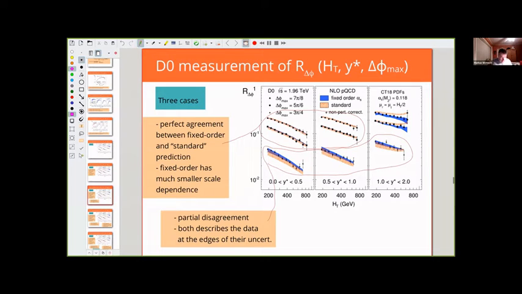The standard method here has already a significantly larger scale dependence. Now the fixed order method is, I would say, in partial disagreement, all right? The central values are kind of away from each other, but the two error bands, they still overlap. And I think both describe the data really equally well and pretty much at the edge of their uncertainties.